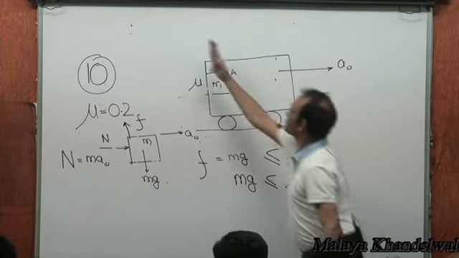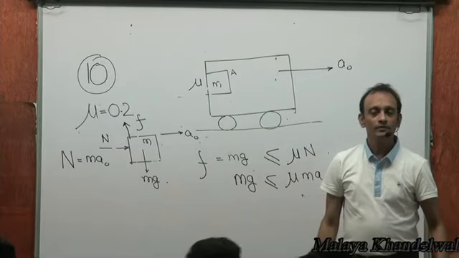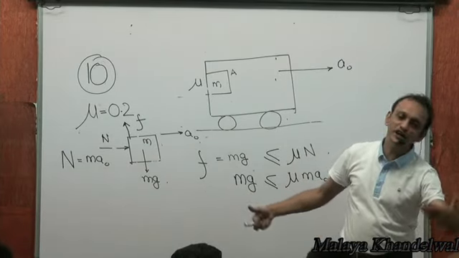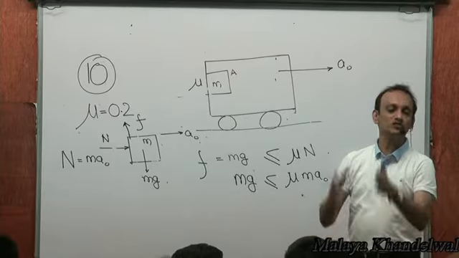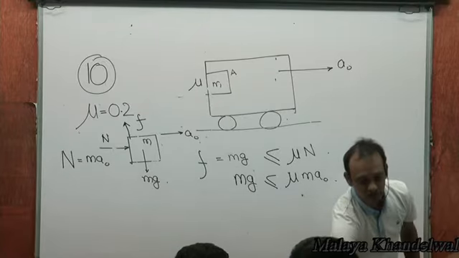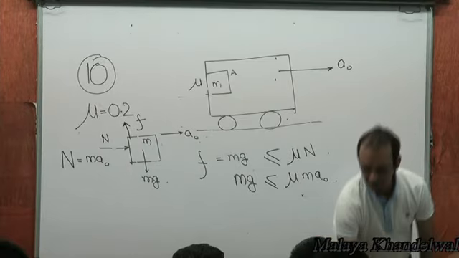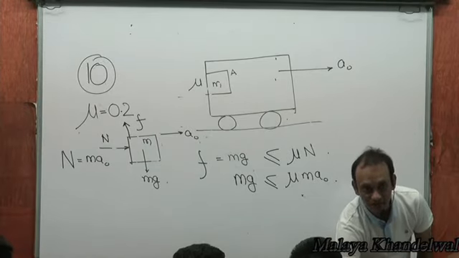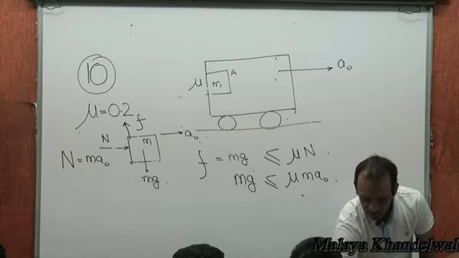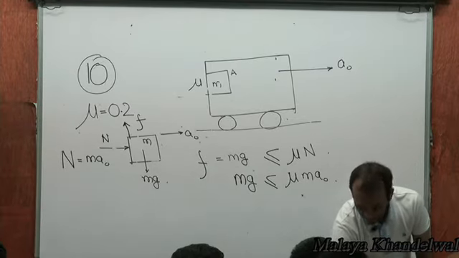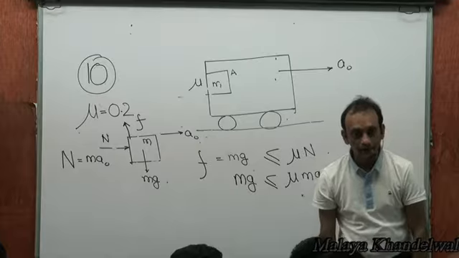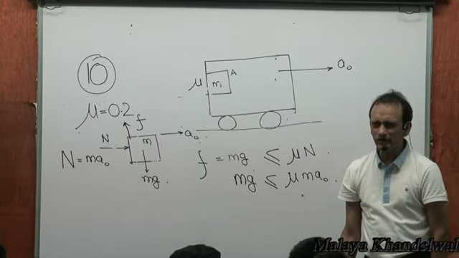Friction between this surface and this surface, this is the normal reaction, so mu times N, not mu mg. In this situation, for example, N is equal to mg, but in this situation, N is like this, and it is not equal to mg. Are you all okay with this?